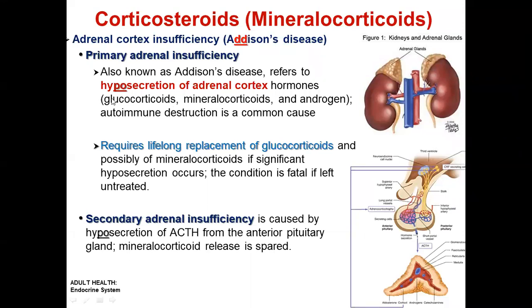So when glucocorticoid secretion is less, definitely cortisol secretion will be less. Cortisol means a glucocorticoid, and it plays an important role in immunosuppression. And also there is a mineralocorticoid here, especially aldosterone, which helps us to regulate the blood pressure.